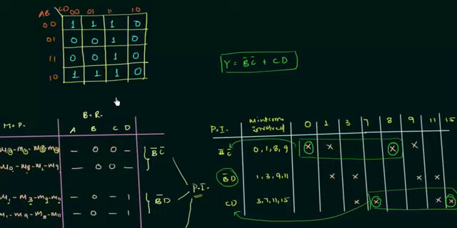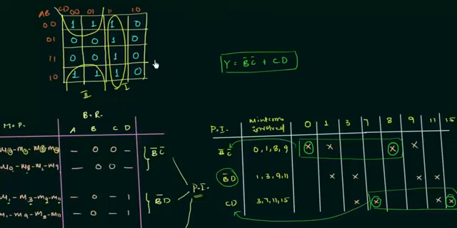So this is what we have, and this is our first prime implicant, and this one is our second prime implicant. They are essential prime implicants because this one cannot be combined in any other way, and these 2 ones cannot be combined in any other 2 ways.